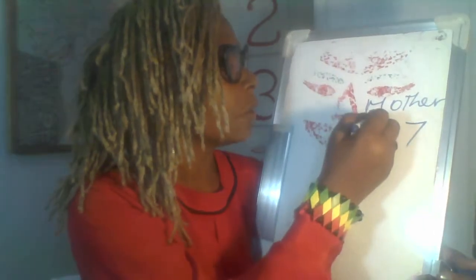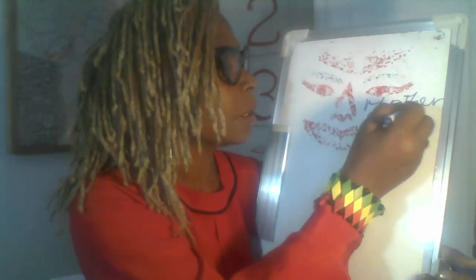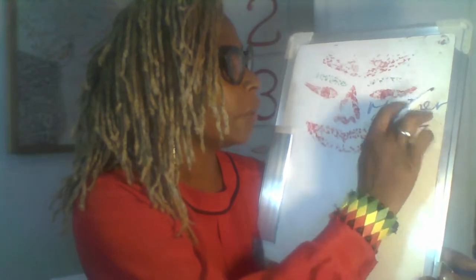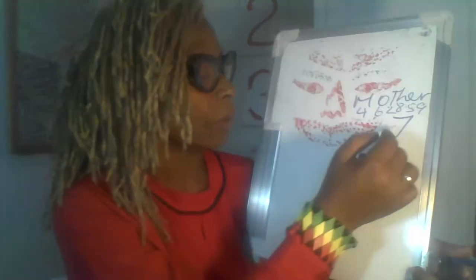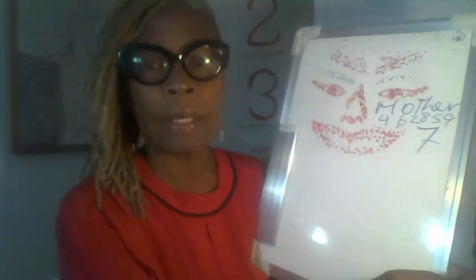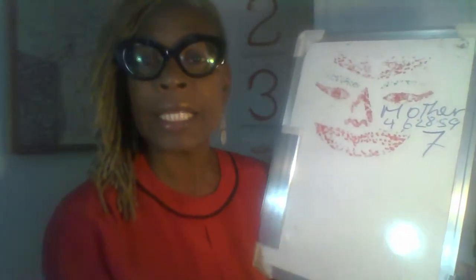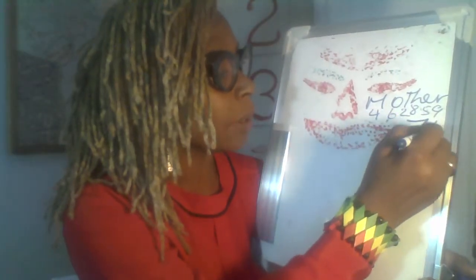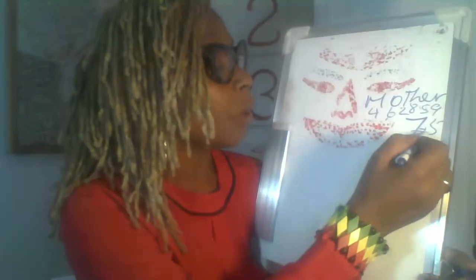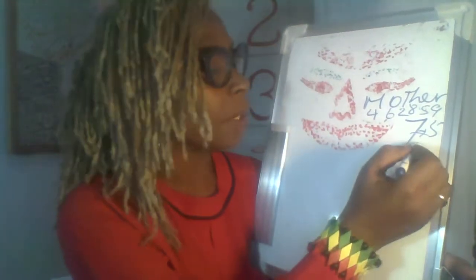Mother, so this is 4, 6, 2, 8, 5, 9. It equals 7. Okay, so Mother Eve. And if we added Eve, which equals 5, that would be 12. Of course, 12 is 3.